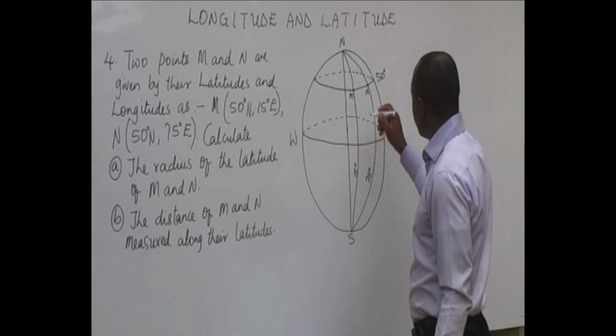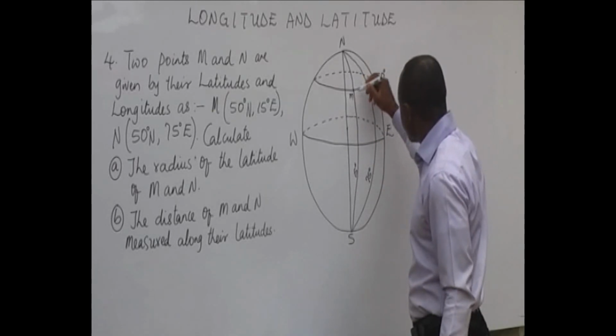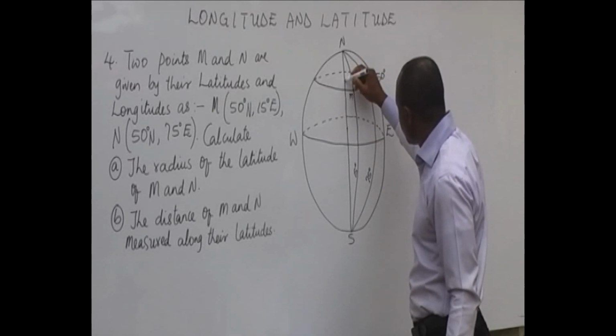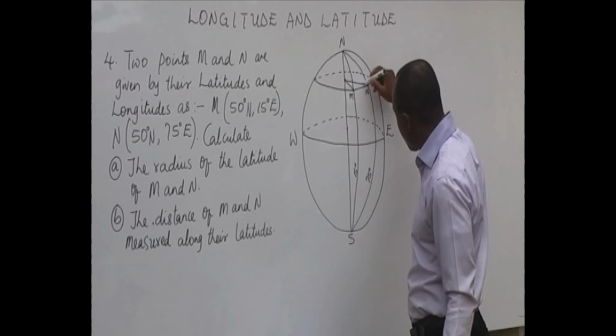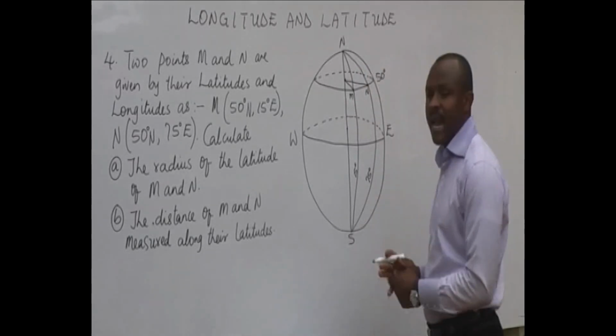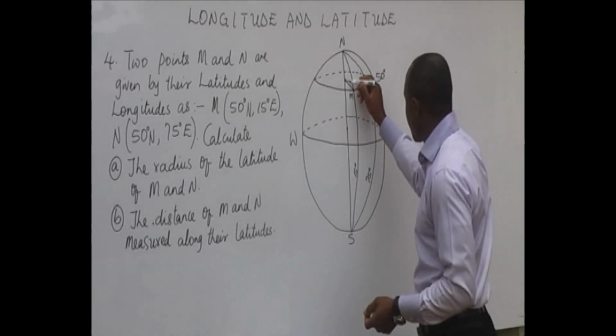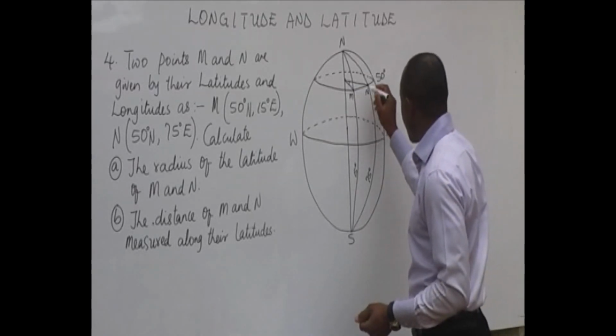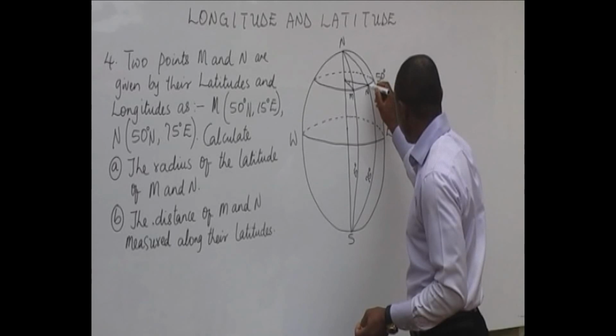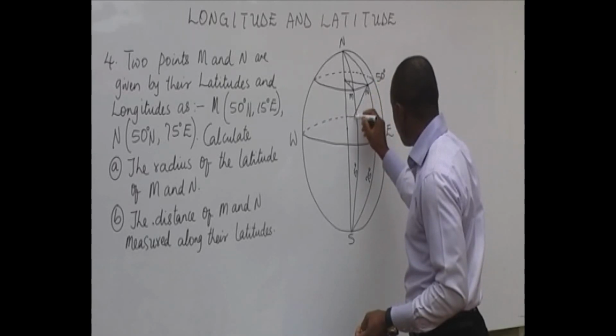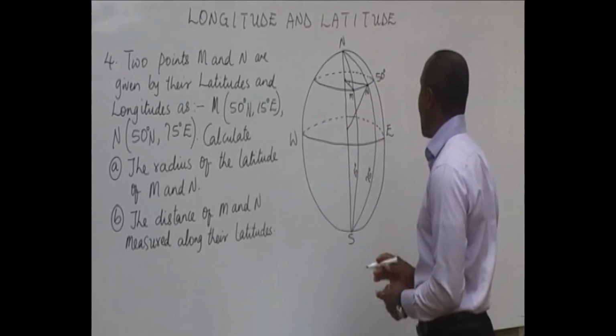Remember, these 2 points M and N must have made this angle to the center of their circle of latitude. So they have made this angle here, and there's a connection of both of them to the center of the arc.